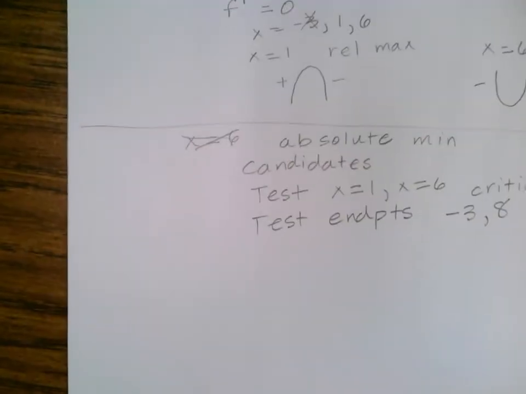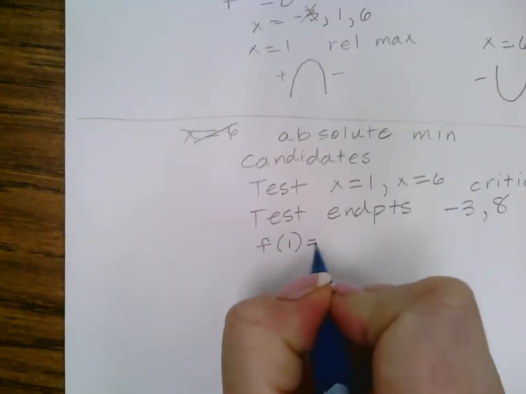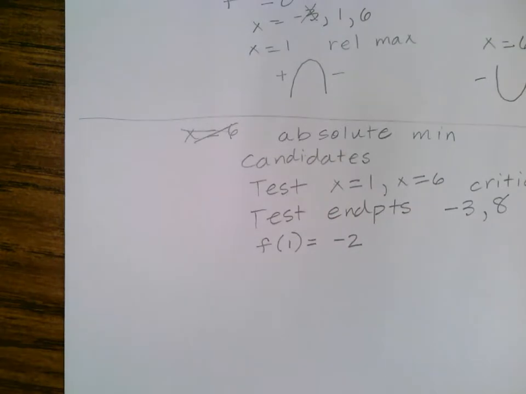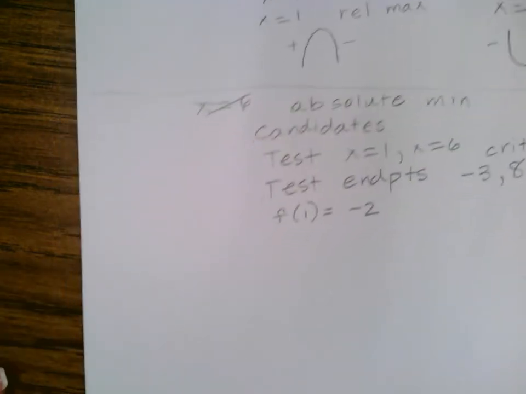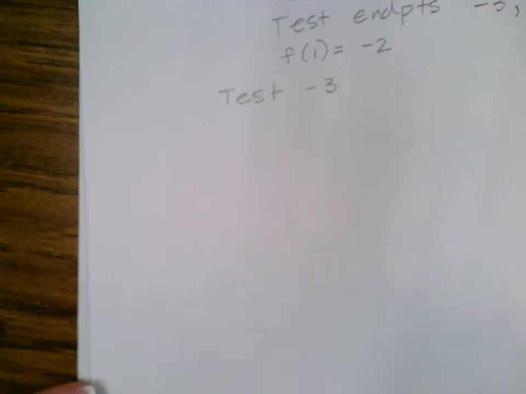So I believe, let's see here, they gave us f of 1. They told us that f of 1 was -2. So that is a potential for the minimum. Now what I had to do for the other three was something along these lines. I had to test -3.